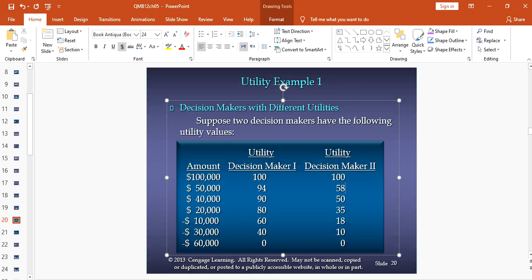So when we see such a jump and not a regular distribution of the values, we realize that this guy differs from this guy. One of them is risk taker and one of them is risk avoider.